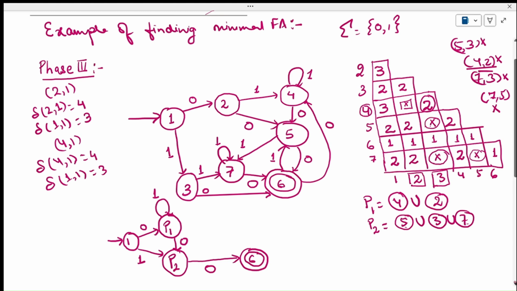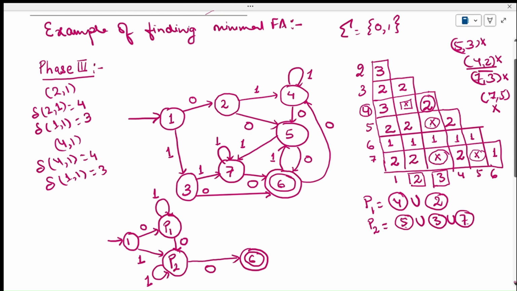See the transition of 5, 3 and 7 on reading 1. 5 on reading 1 is going to state 7. Where is 7? 7 is in P2 only. 7 on reading 1 is going to state 7, which is with P2. Similarly, 3 on reading 1 is going to state 7, which is also with P2. So P2 on reading 1 stays on P2. So the transition of P1 is completed. The transition of P2 is completed. The transition of state 1 is completed.